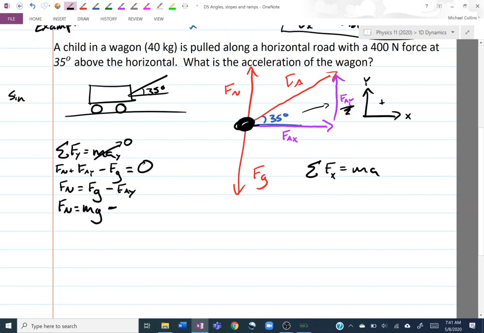Sine theta is equal to opposite, which is Fay, over my hypotenuse, which is Fa. If I rearrange, I find that Fay is equal to Fa sine theta. And that would be the expression for my normal force.